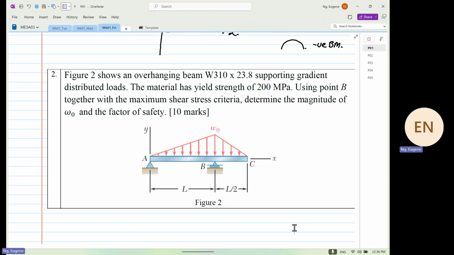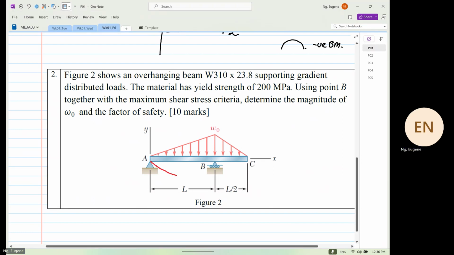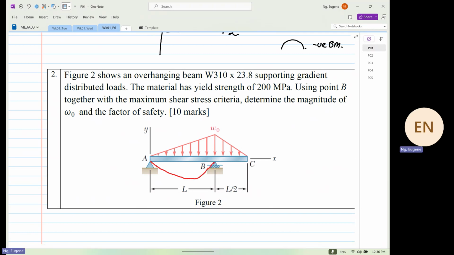So I'm going to sketch now. For here, I'll have something like this. I'll use a different color. We'll have something like this. Then at some point, it's going to curl up, and then it's going to come down.